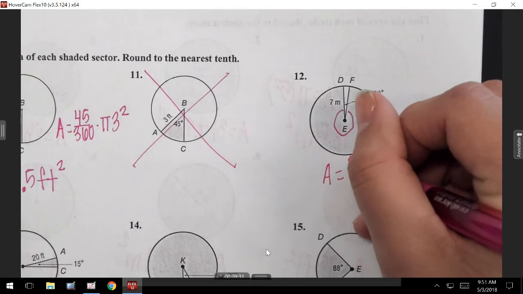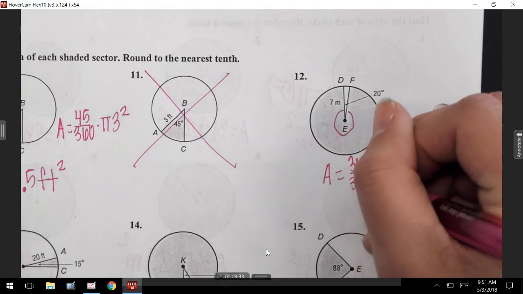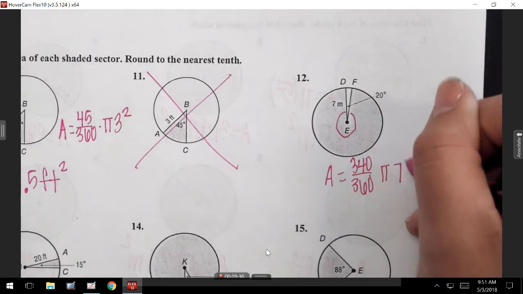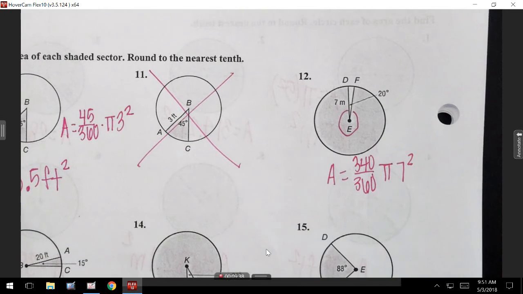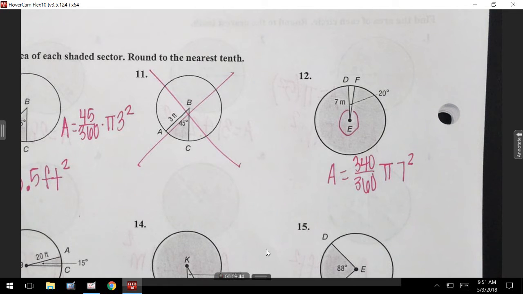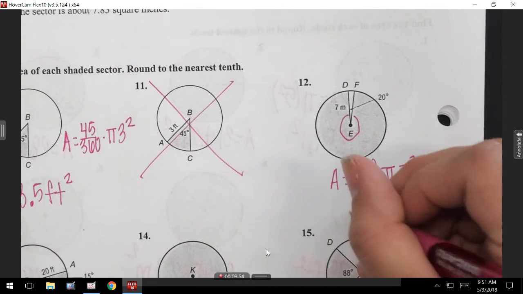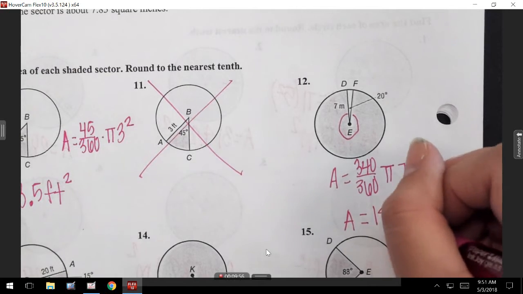So you actually have to do 340 divided by 360 times pi 7 squared. Is that 145? Yes. Okay, go ahead and finish 16.